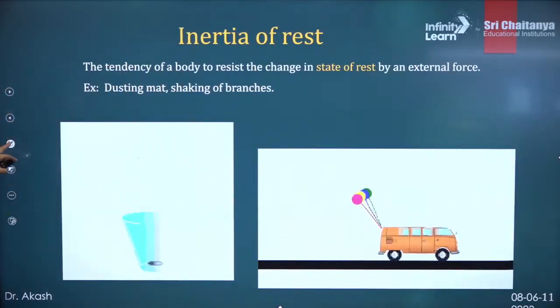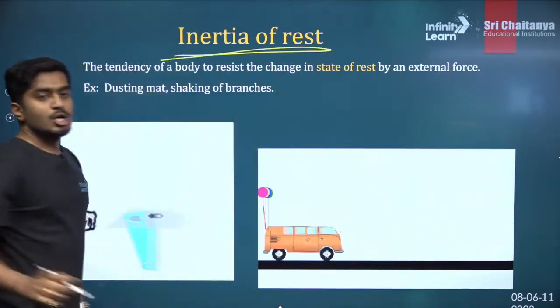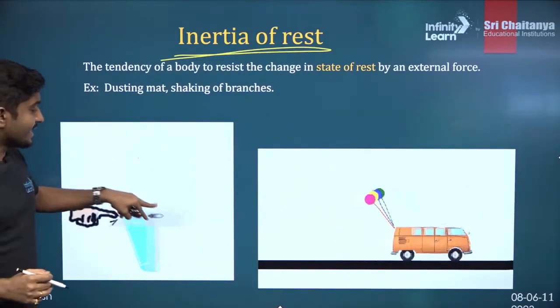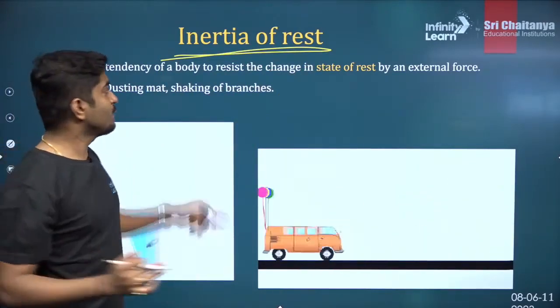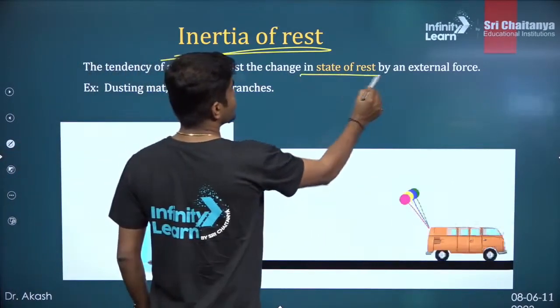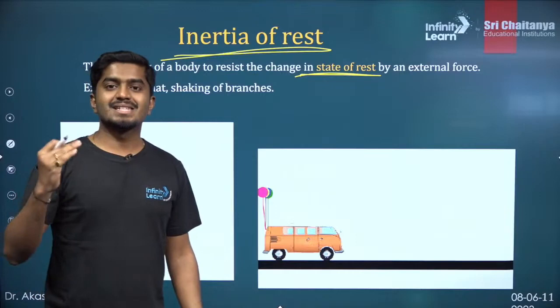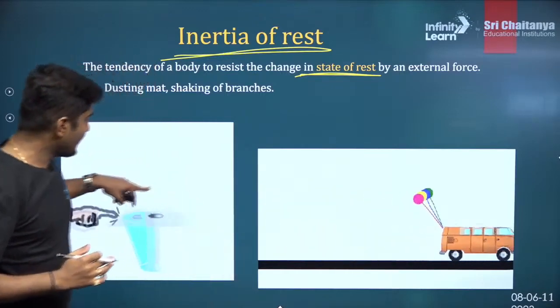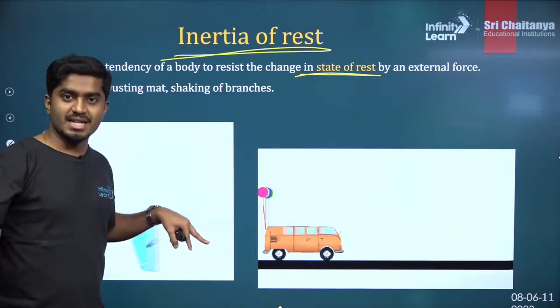So what is this? This is called inertia of rest. So which is the object? It is this coin. The coin is at rest. So the coin wants to maintain its state of rest. It will try to stay here until and unless there is an external force.